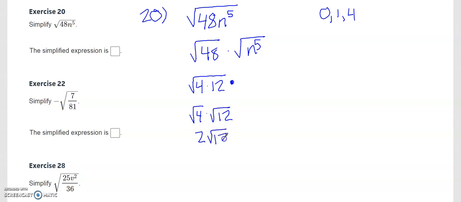And you might be like, okay, cool, I've dealt with the square root of 48 issue. If you do the square root of n to the fifth correctly here and you get this factor, you're going to type this into Big Ideas and it's going to say it's wrong. And here's why. Because 12 also has a factor of 4 and therefore also has a perfect square factor.